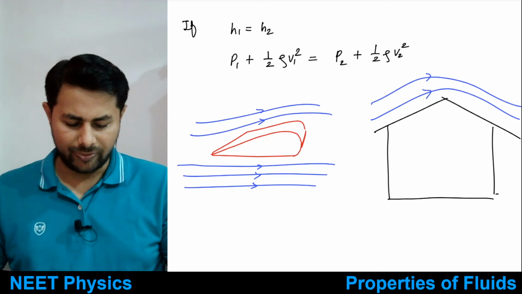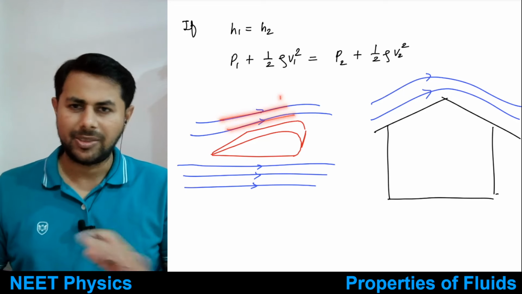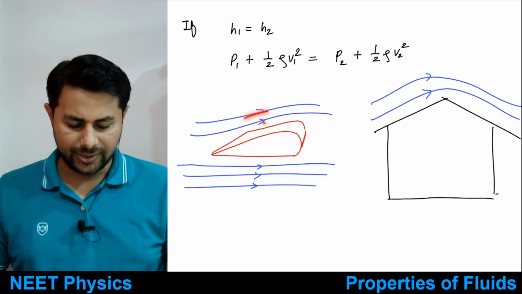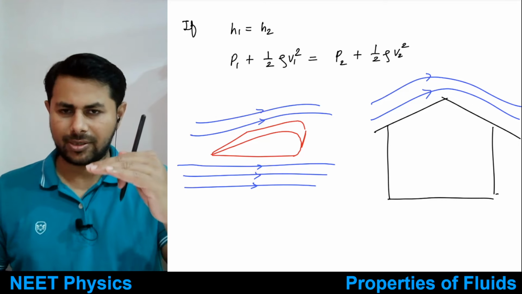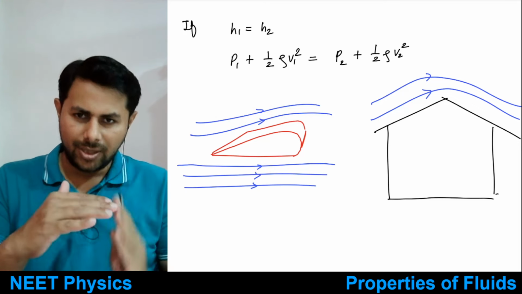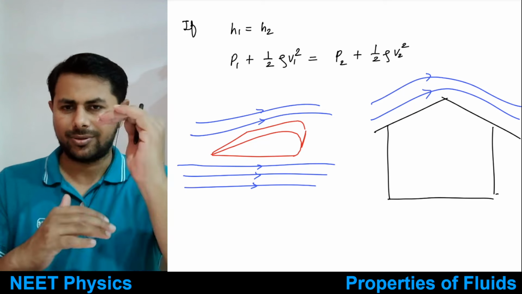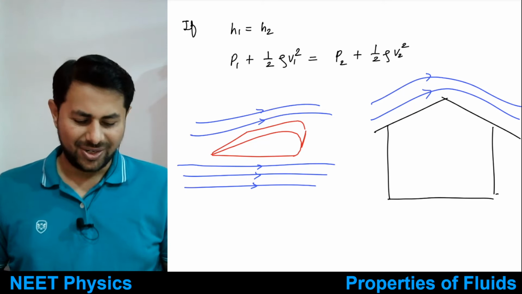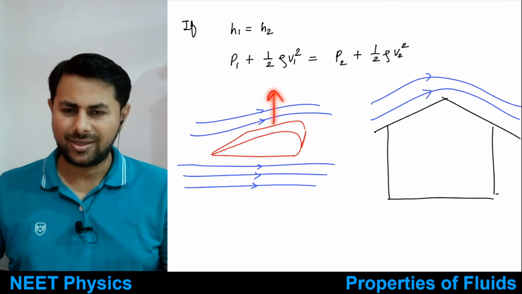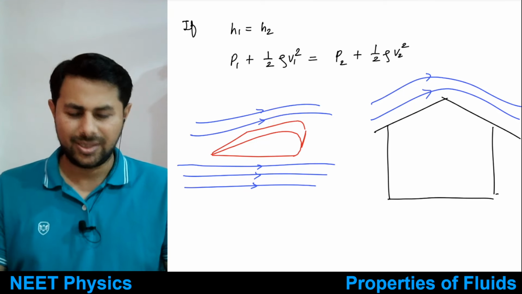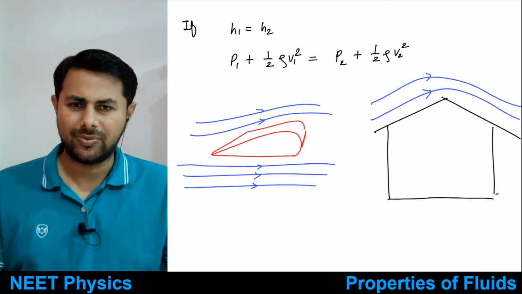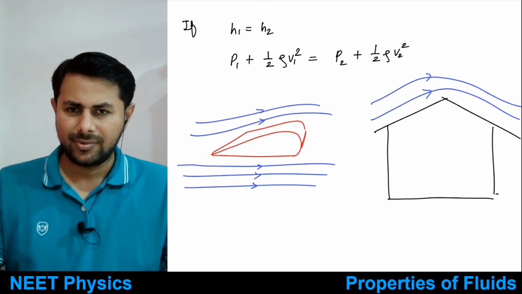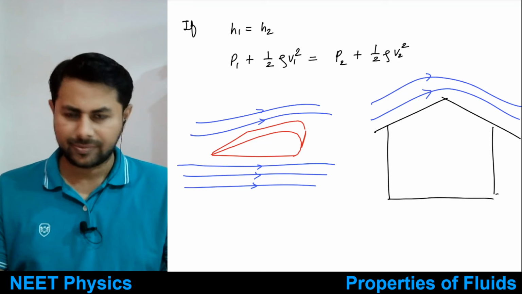If pressure at the top is less compared to the pressure at the bottom, then what will happen? It will get a lift. This is how aerofoils are designed. This thing is clear, everyone? Okay, so this is one example.